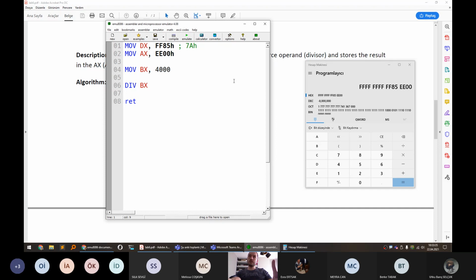If you use a character at the beginning of this 16-bit value, you have to put 0 beforehand, remember. Okay, this is minus 8 million divided by 4000. But this time we are going to use I division.